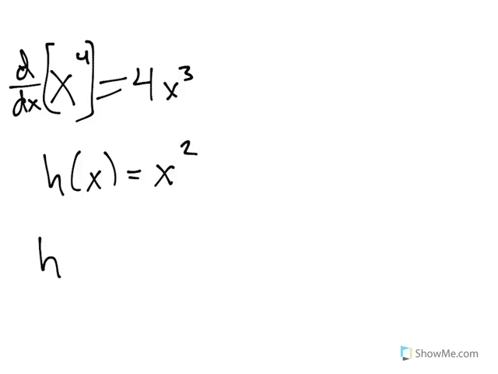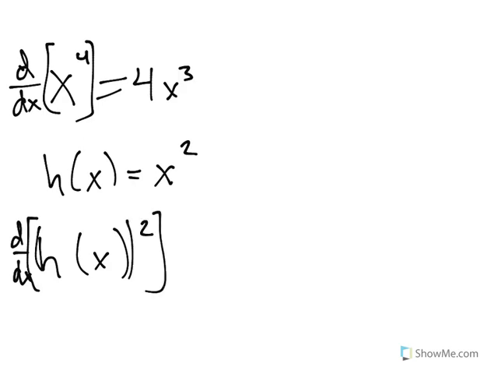We have this function that we want to get the derivative of, h of x squared. As you might know, x squared squared is just x to the fourth. And so we will use the general power rule, and let's work this out.